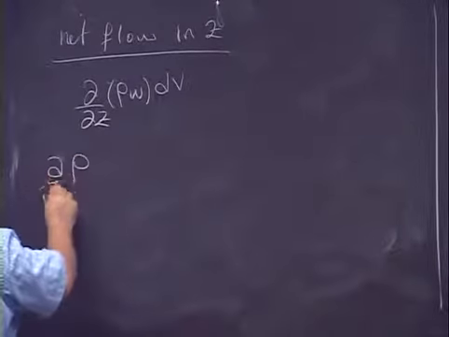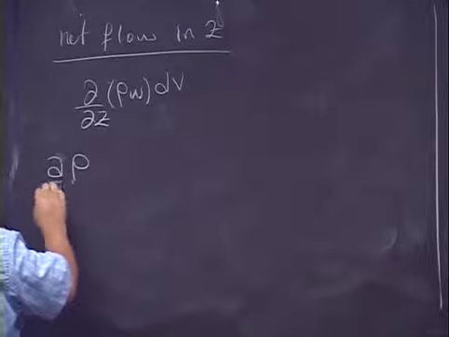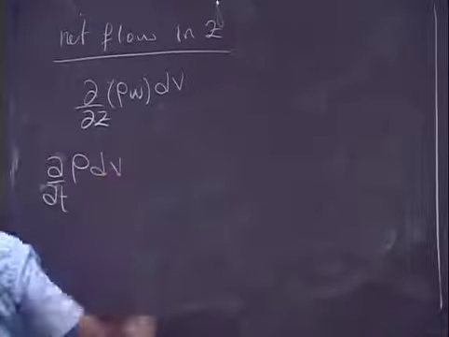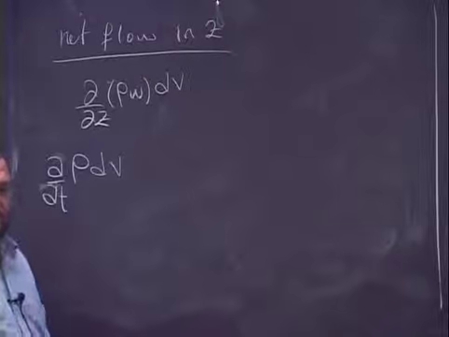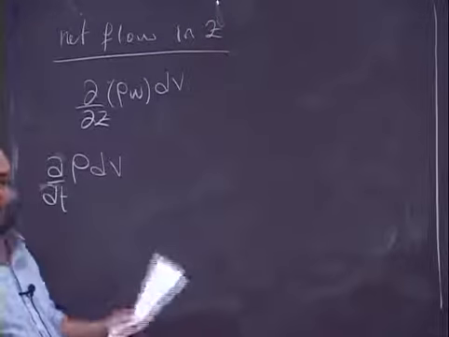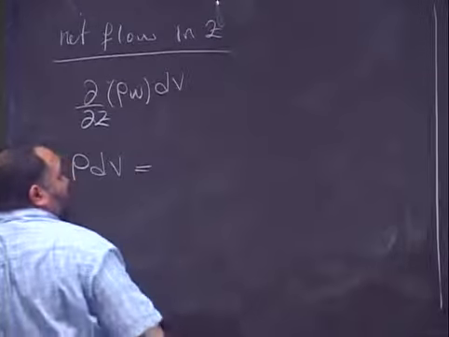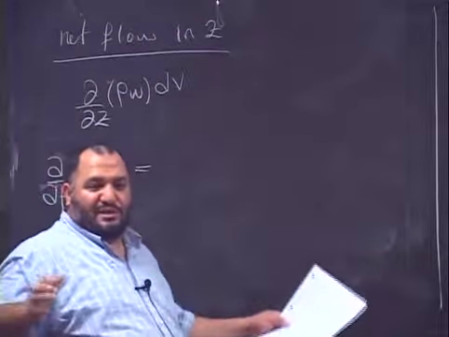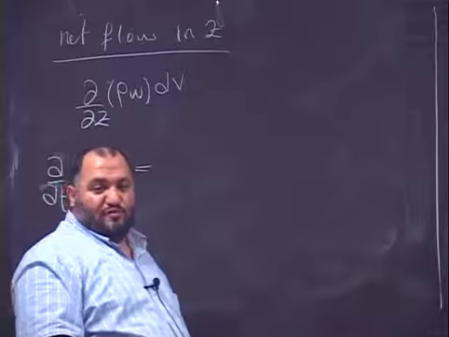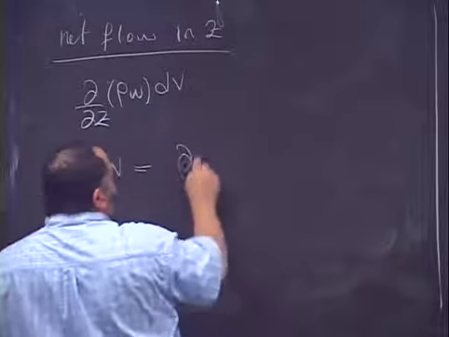inside the volume? Density times delta V. Whatever the time rate of change of the mass inside the volume is equal to what? The net outward flow of the fluid. What's the net outward flow?